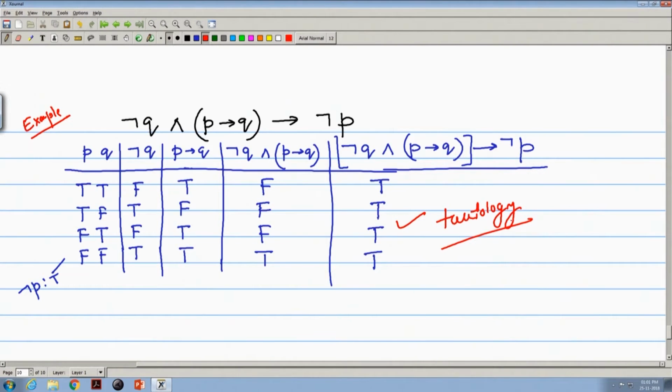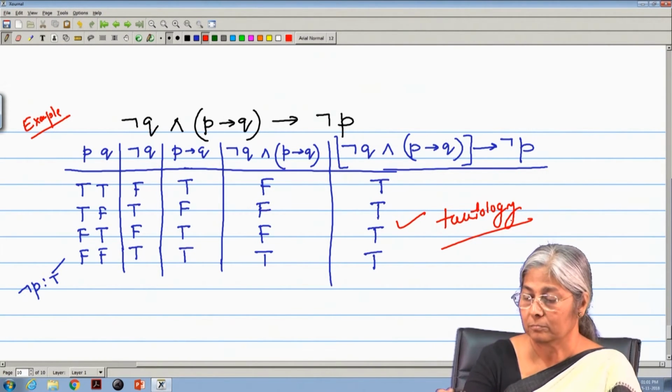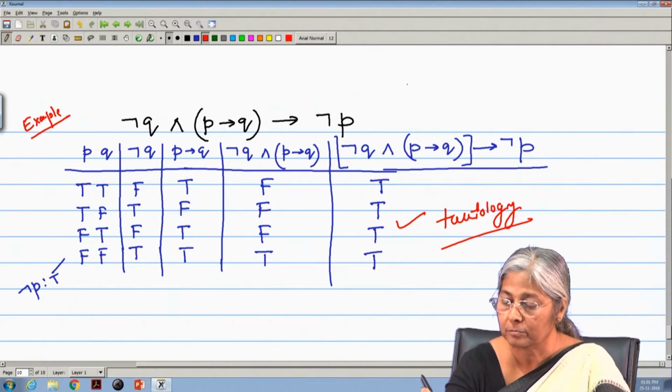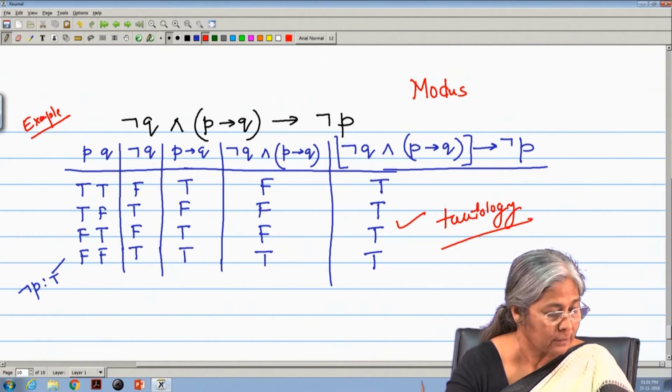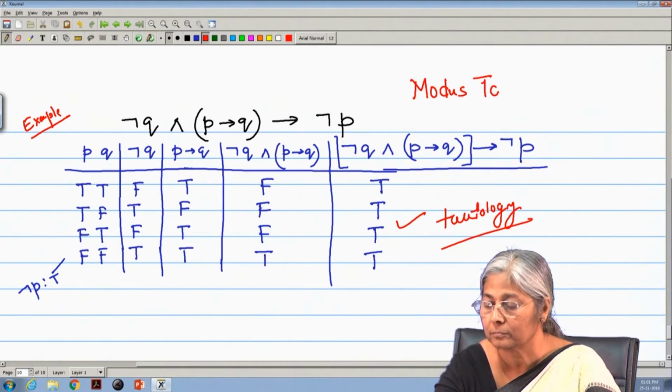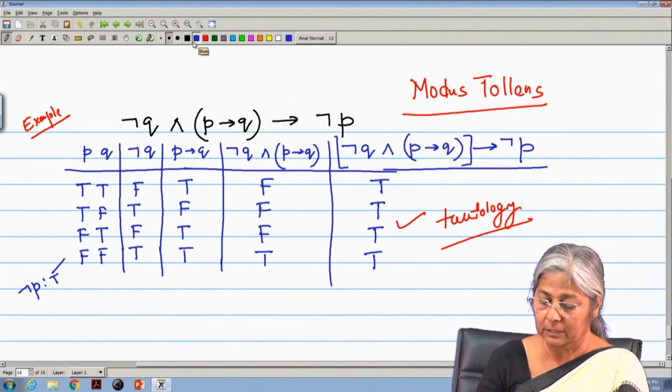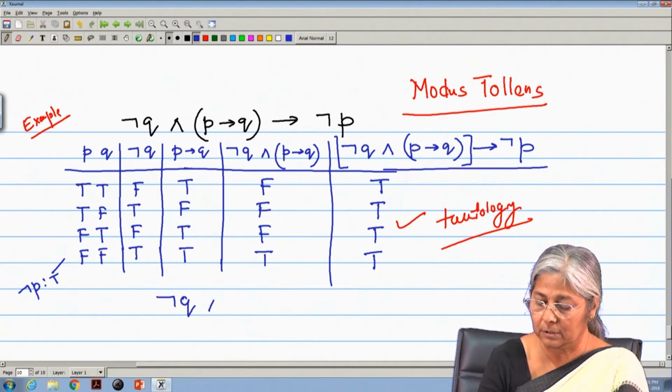So, this rule we call modus tollens, and using logic we can directly prove that thing. Quickly we do.